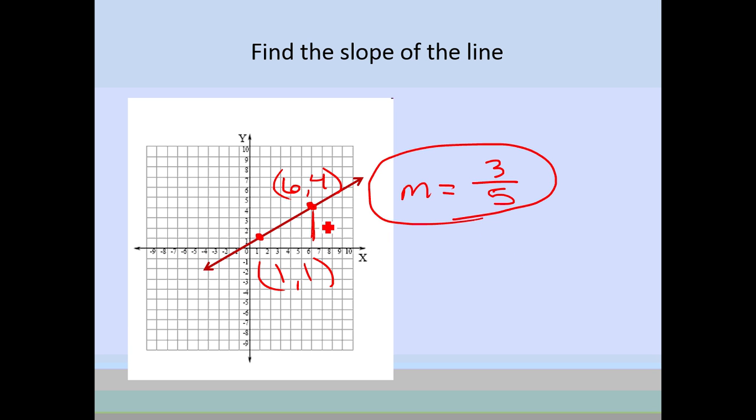Or to calculate the rise, we could subtract the y's, 4 minus 1, and to find the horizontal distance, subtract the x's, 6 minus 1. You come out with the exact same slope, 3/5.